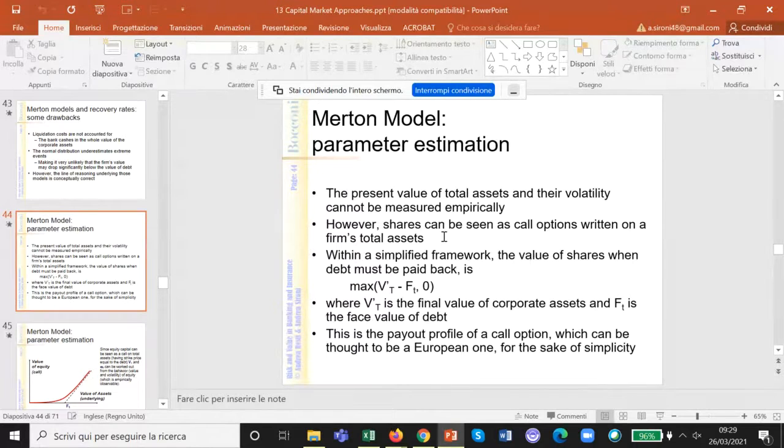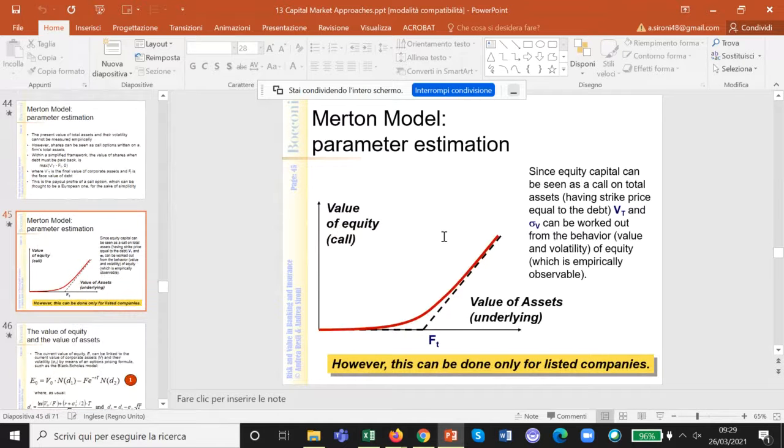The way we can do that, which is what we're going to see with the KMV model, is that just as we can see the position of a lender as that of someone who has sold a put option to the shareholders, then similarly the shareholders have a payoff equivalent to that of someone who has bought a call option on the underlying company's assets.